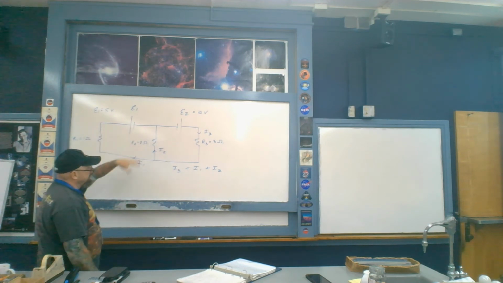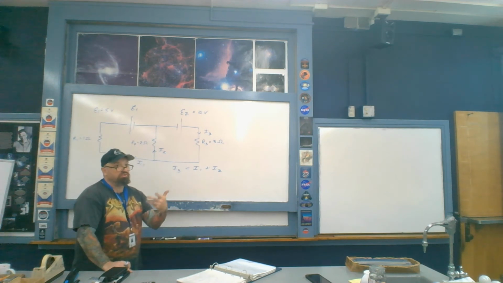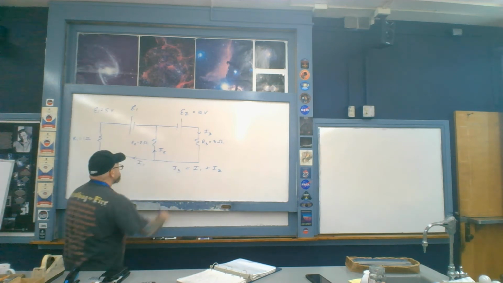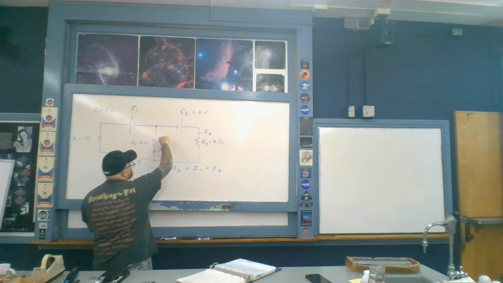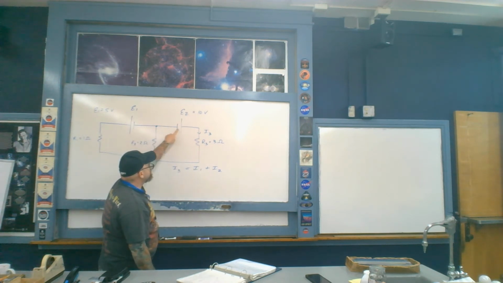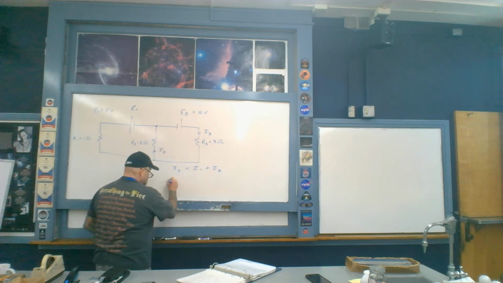And it doesn't matter where you start on the diagram, and it doesn't matter how you traverse the diagram, either clockwise or counterclockwise. So for example, let's just start right here. And now on the right-hand side, let's go around clockwise like so. The first thing that I do is I go across the EMF from low to high potential. So the potential difference is just the positive value of epsilon 2.